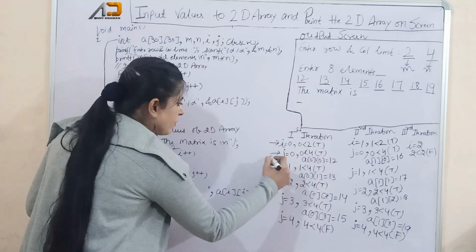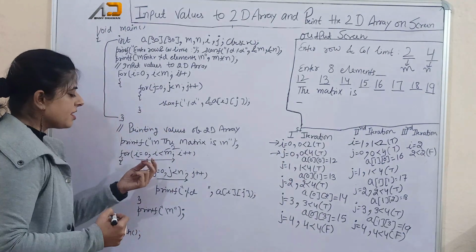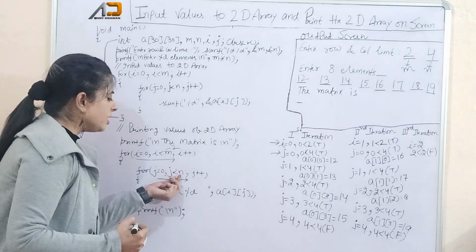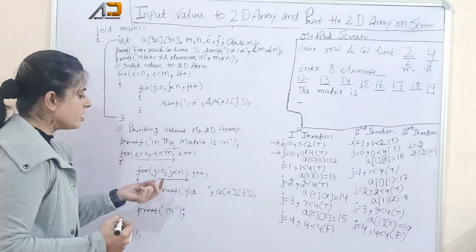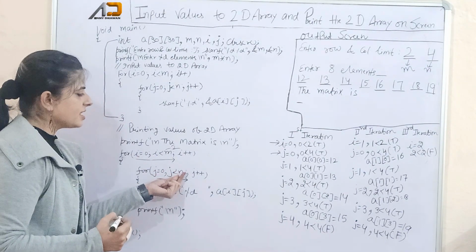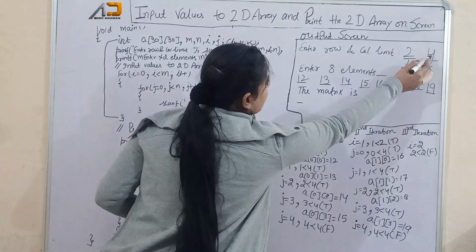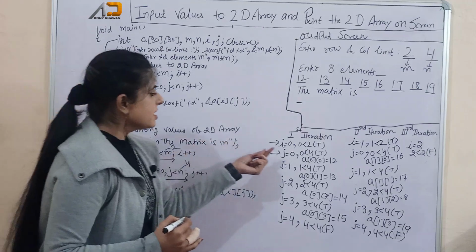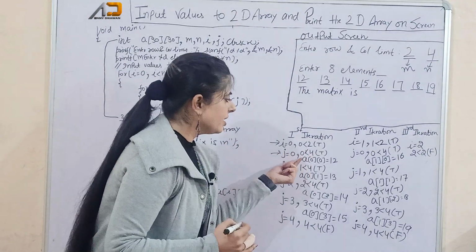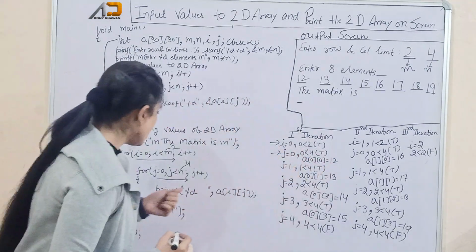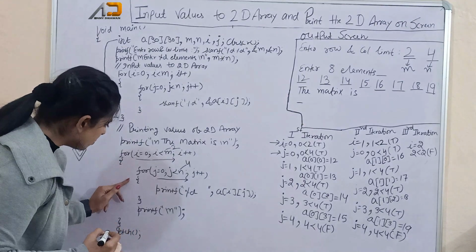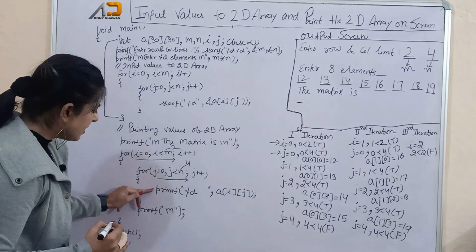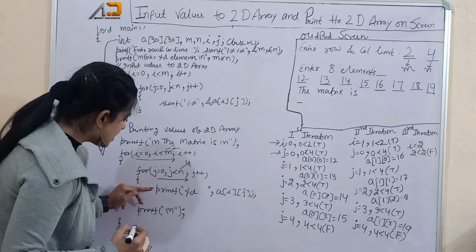It is 0. Now the control checks the condition here. What is the condition? J is less than n. What is the value of n here? It is 4. So is 0 less than 4 here? It's true. Now the control executes the loop body here.